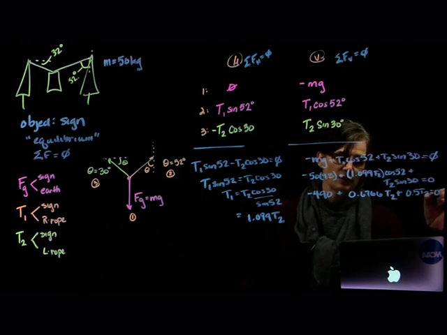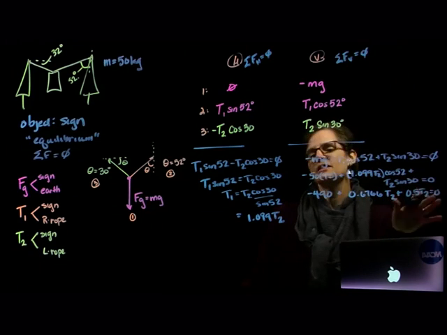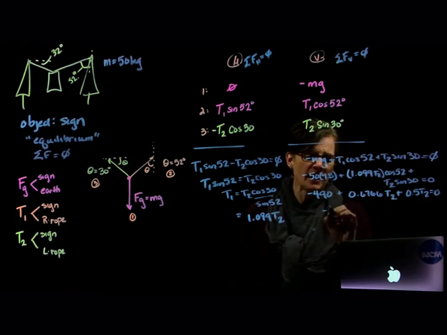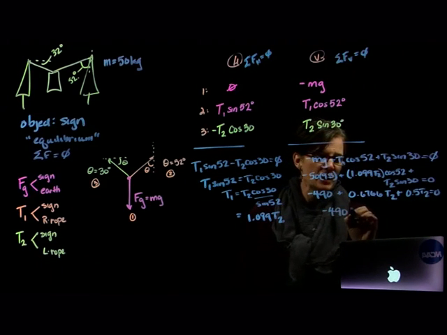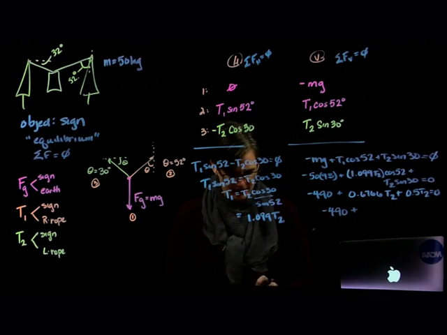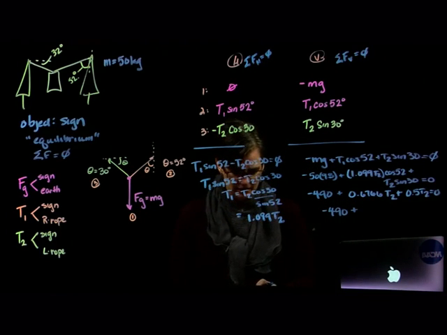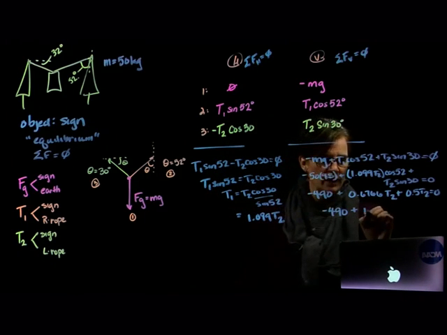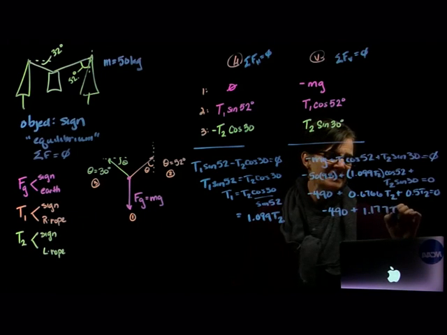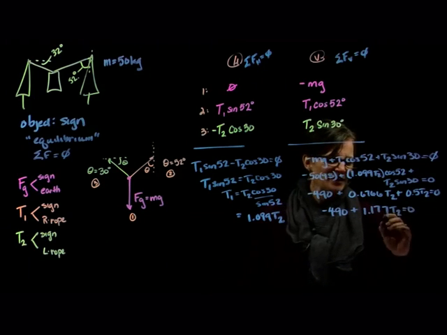So I just put all of these sines and cosines and this multiplication into a number. Now I have minus 490 plus 0.5 plus 0.6766, 1.177 T2 equals 0. Now I can solve for T2.